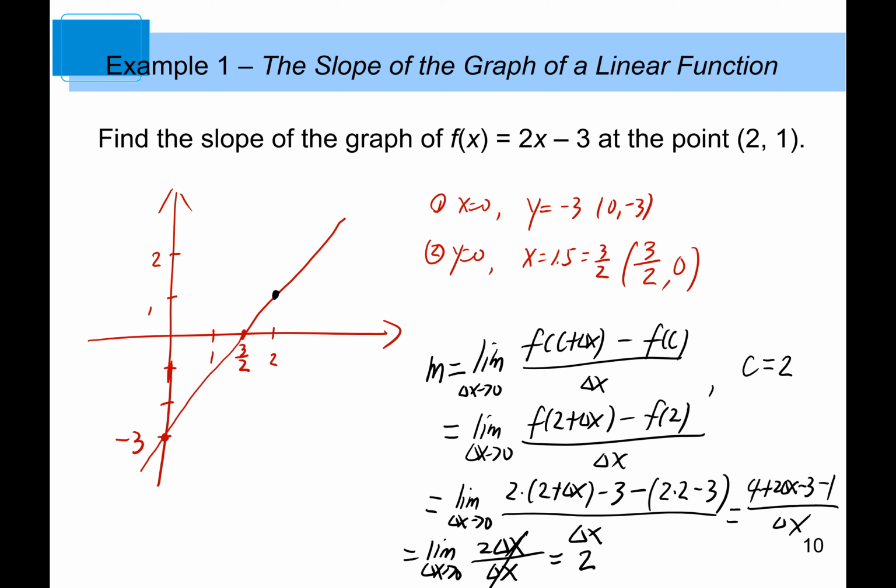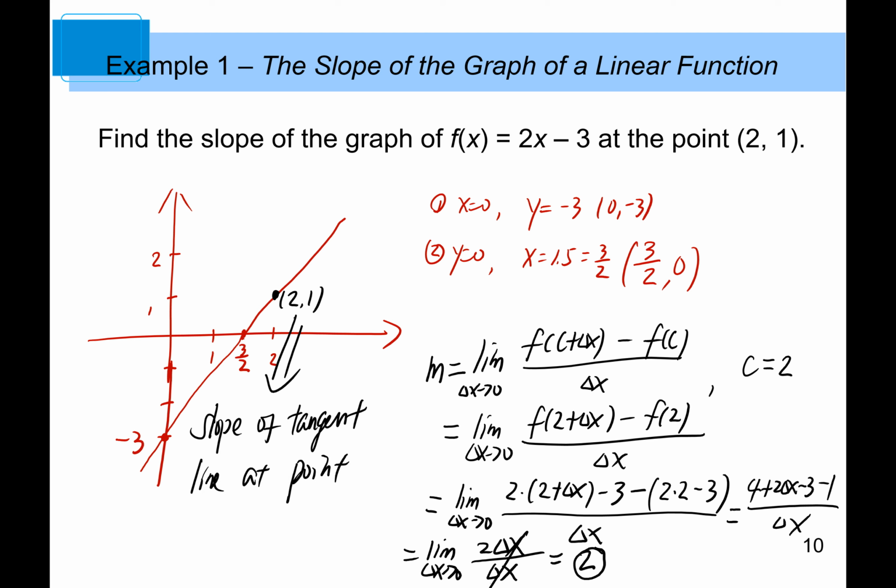And the limit of a constant is a constant, right? So the slope of the tangent line at this point 2, 1 is equal to 2.